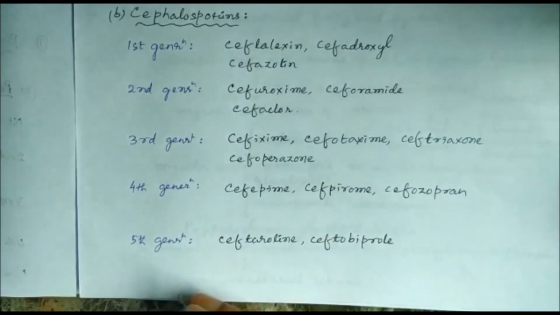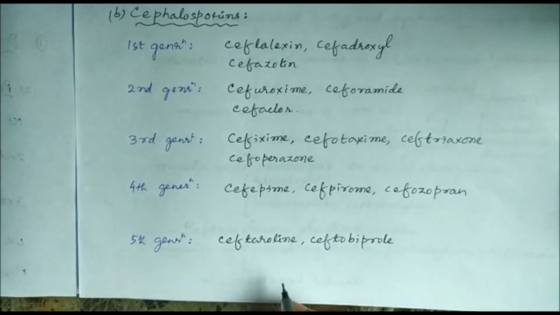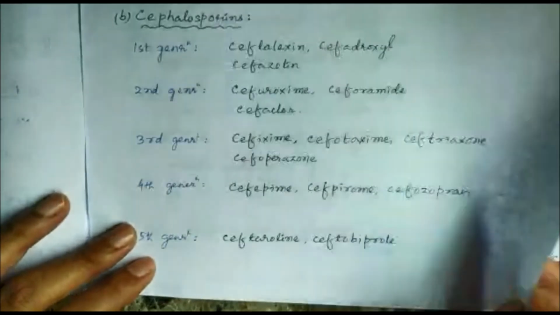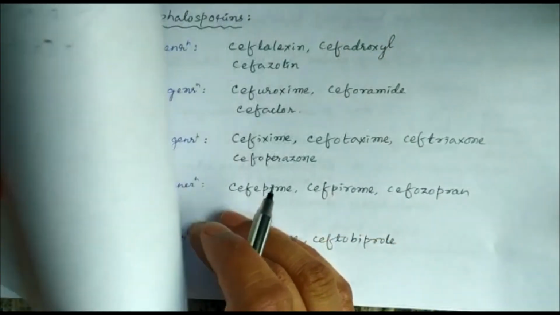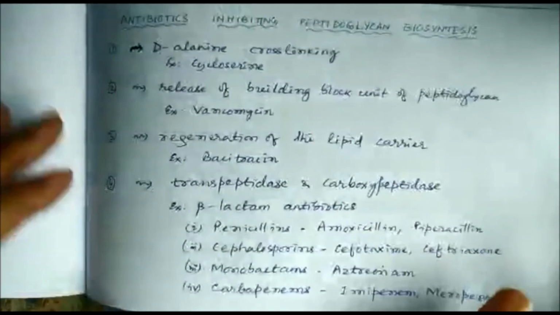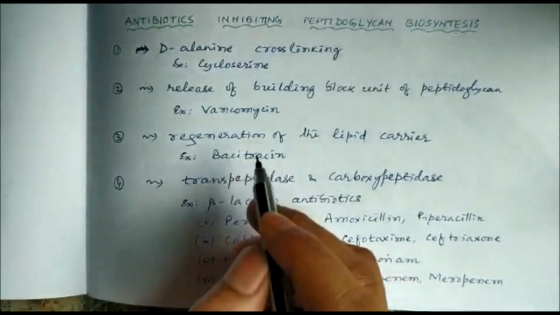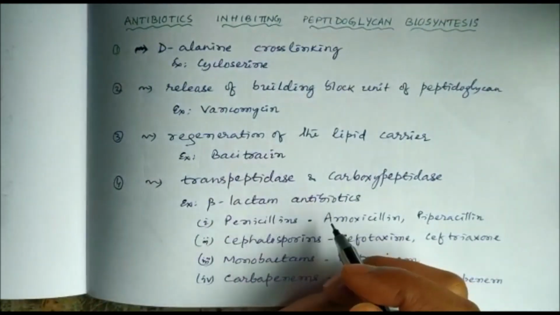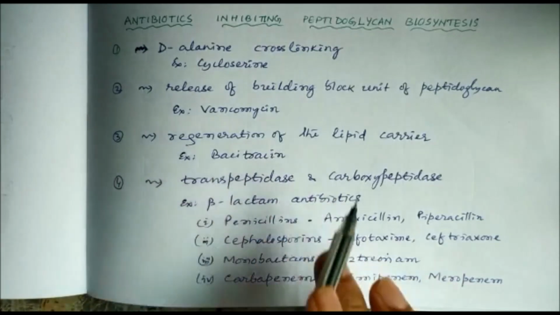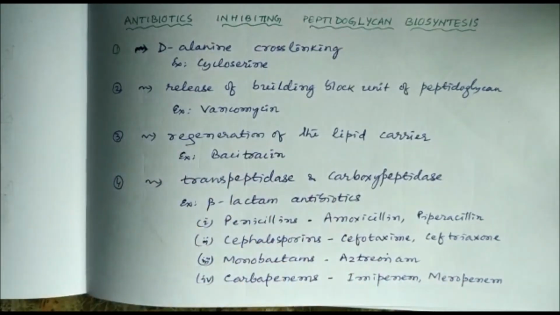Fifth generation: ceftaroline, ceftobiprole. All these four groups of drugs, cycloserine, vancomycin, bacitracin and beta-lactam antibiotics, inhibit peptidoglycan biosynthesis. Thank you.